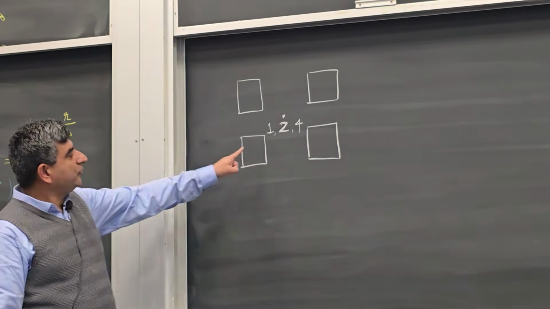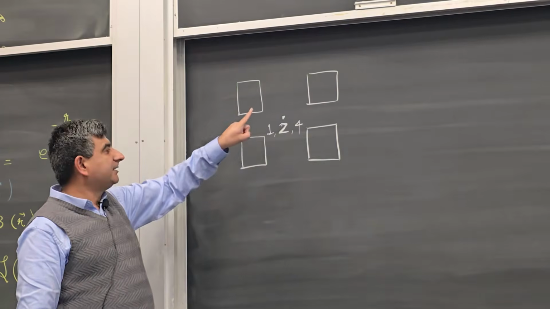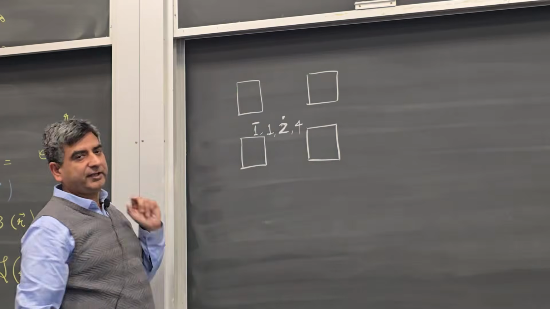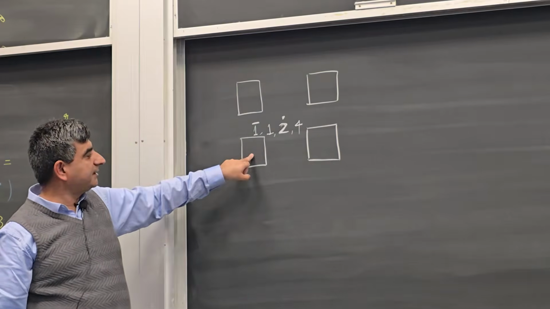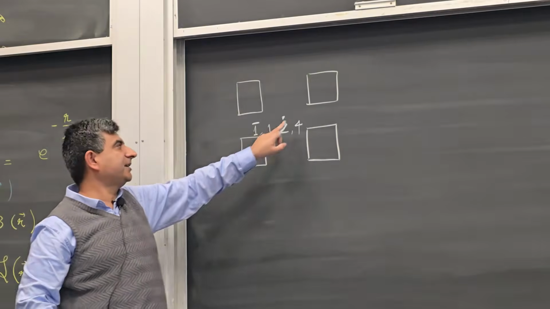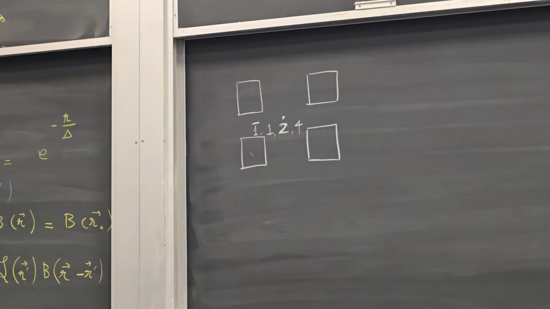So there is a 1-fold axis of rotation, there is a 2-fold axis of rotation, there is a 4-fold axis of rotation. There is also a 1-bar center of inversion here, because 1 bar means that if I were to take a vector from this point in a certain direction, there is exactly the same thing on the opposite side at the same distance. But sir, it will depend on the origin point that we have chosen.